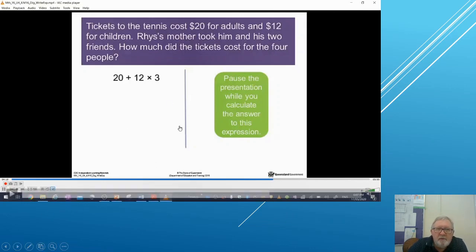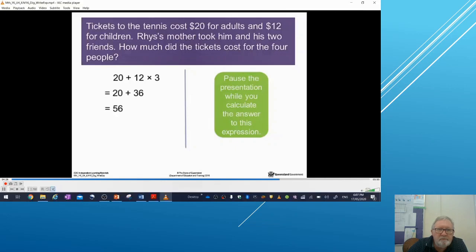Okay, so if you've paused it, or if you've done your calculation, how many adults? There's only 1. How many kids? Reese, 2 friends, that's 3 children altogether. So as it said, there's no bracket needed because you do this part first. See how you went. 12 multiplied by 3 is 36, and 20 add 36 is 56.